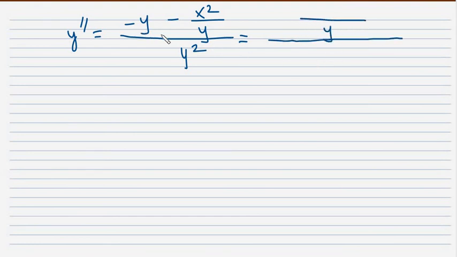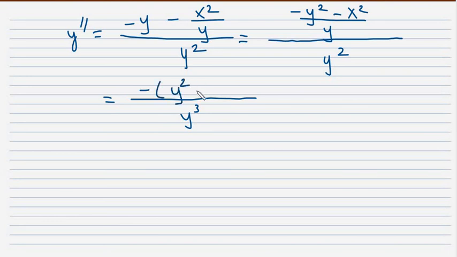So our LCD for the numerator is y. So this will be negative y squared minus x squared all over y squared. So we know that the denominator will ultimately be y cubed. And we have negative y squared minus x squared. If I factor out negative 1, I will get y squared plus x squared.